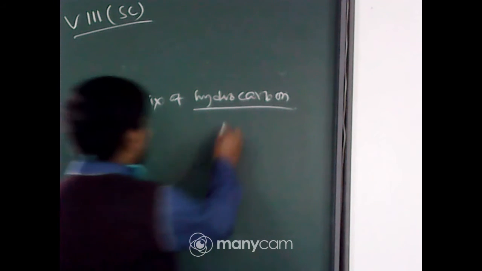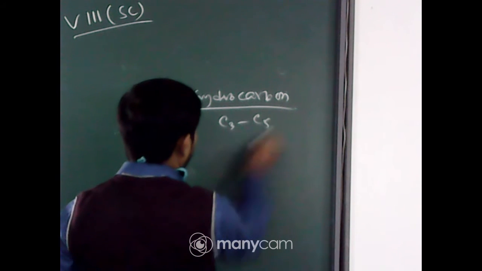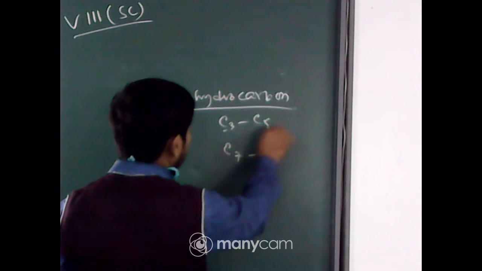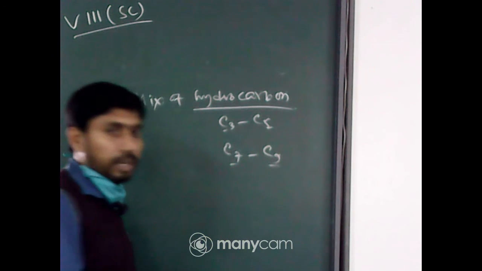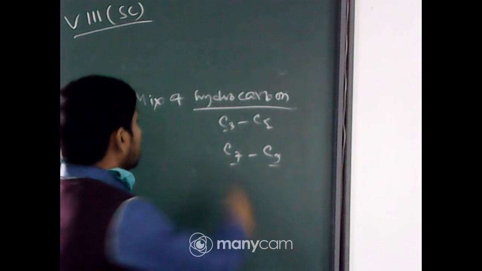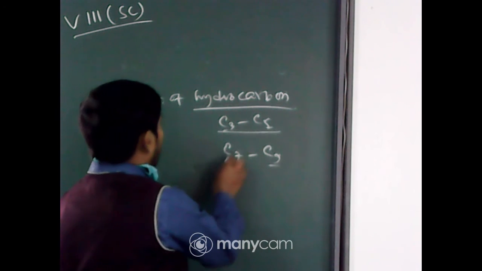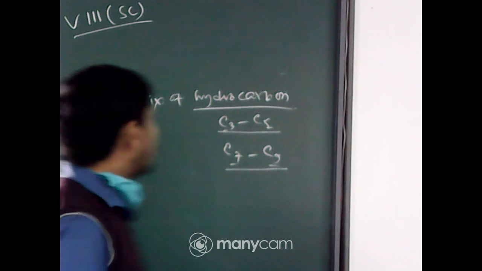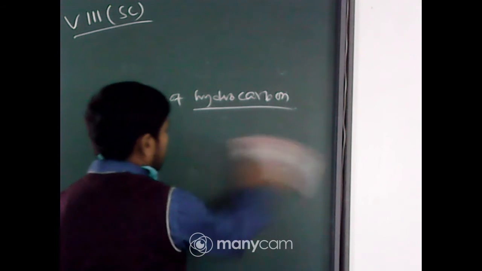Lower mass is basically C3 to C5 and higher mass is C7 to C9. What is C3, C5, C7, C9? This will be understood later on. They are in gaseous form, so this is called petroleum gas.